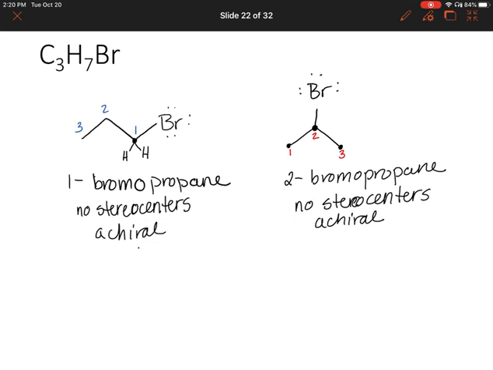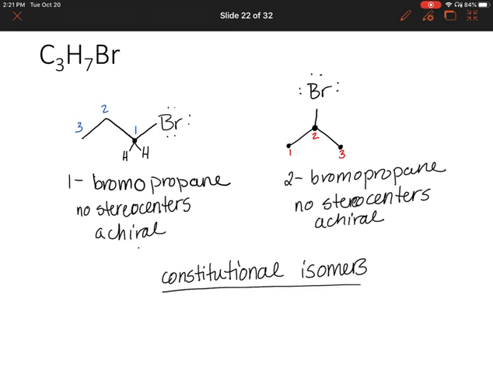Are they enantiomers? Or are they diastereomers? So these are constitutional isomers. So they have the same molecular formula, but they have different connectivity.